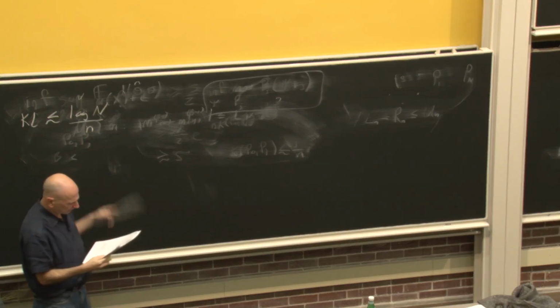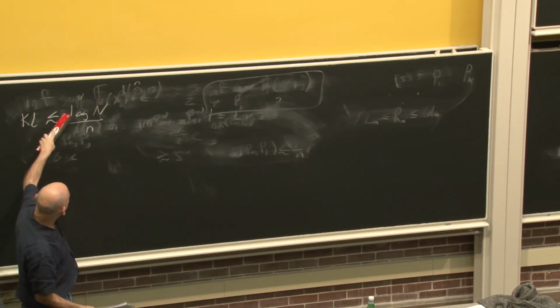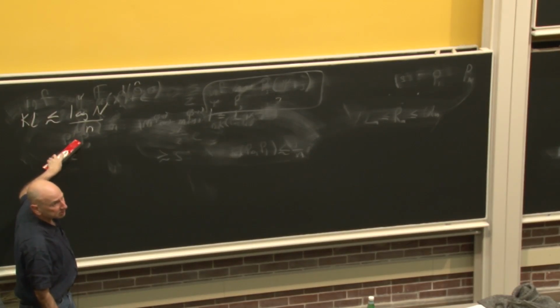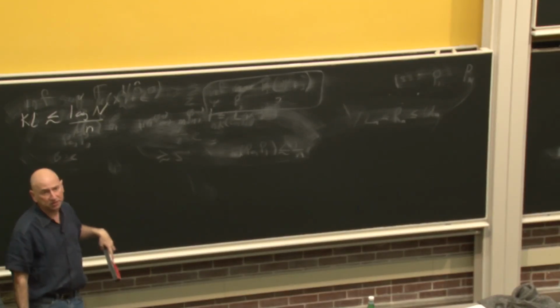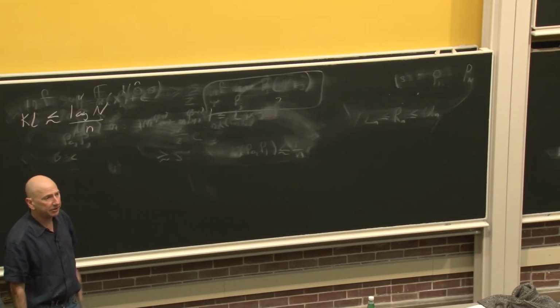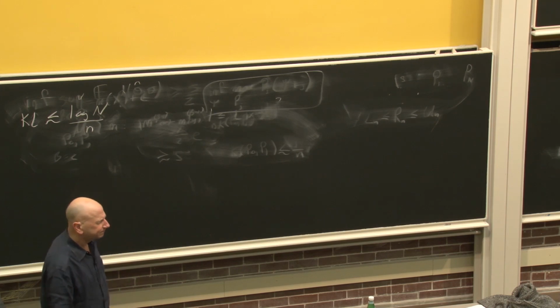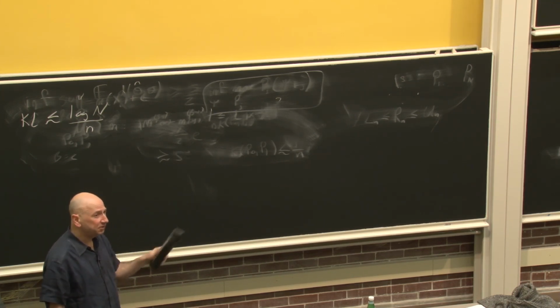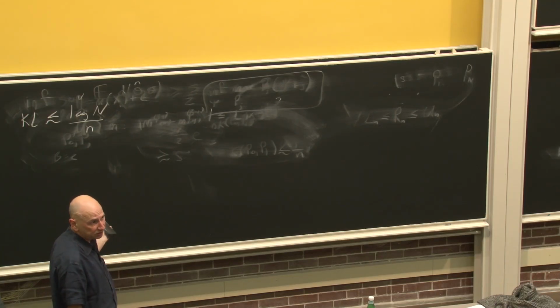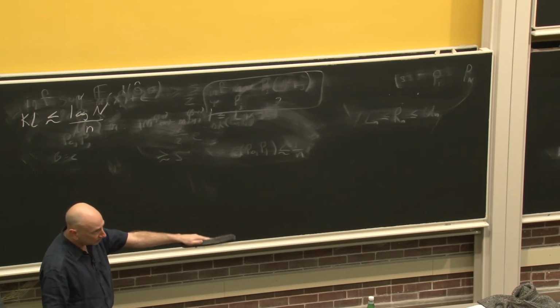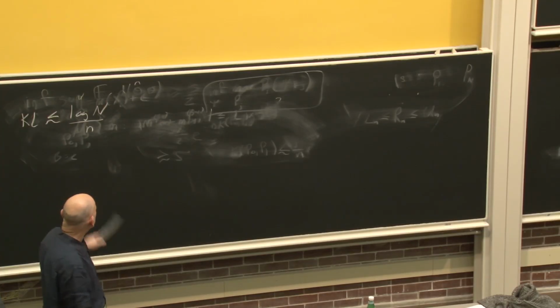Again, I'm not keeping track of constants here, just the orders of things. That was the condition we need to use, either Tsybakov's theorem or, for that matter, Fano. The difference is in Fano, you'd have to compute every pair. For the simplification in Tsybakov, I don't have to compare P0 and every other one.